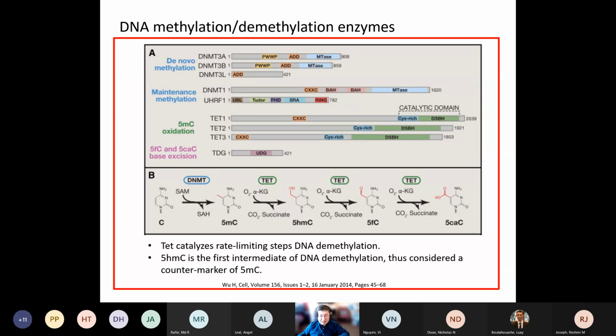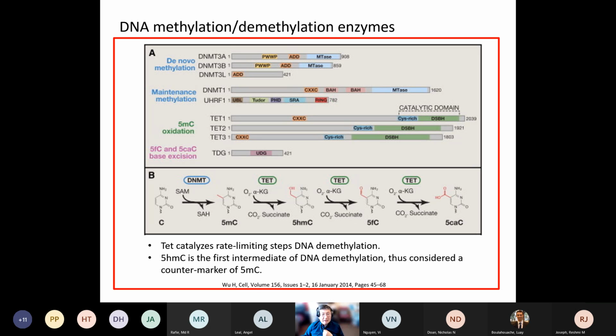This carboxyl-modified cytosine will eventually get removed by the DNA repair mechanism. So here we only show that demethylation will take oxidation, but eventually it will become this carboxylcytosine. This carboxylcytosine will get removed by DNA repair mechanisms.